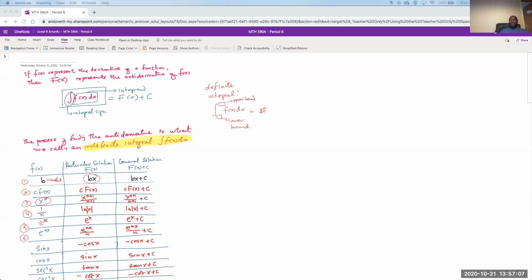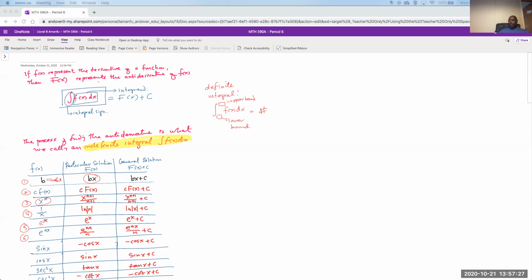All right. And then you also looked at 1 over x. What is the antiderivative of 1 over x? Can you think of a function whose derivative will end you back at 1 over x? And that was ln of the absolute value of x. All right.